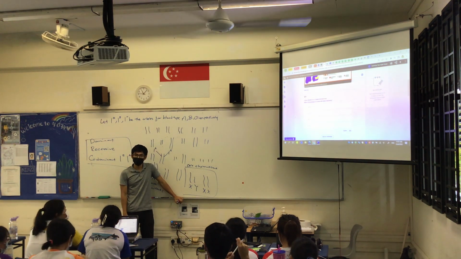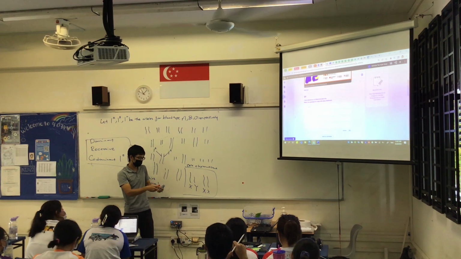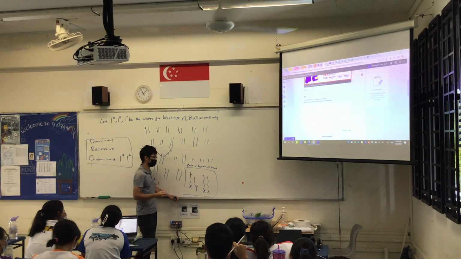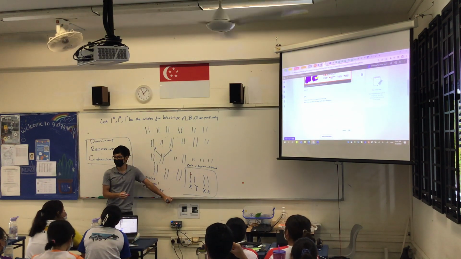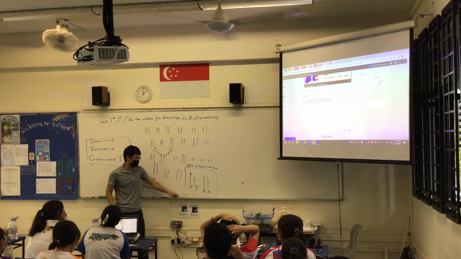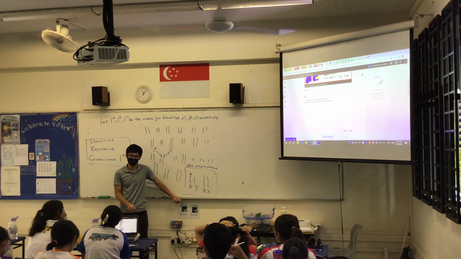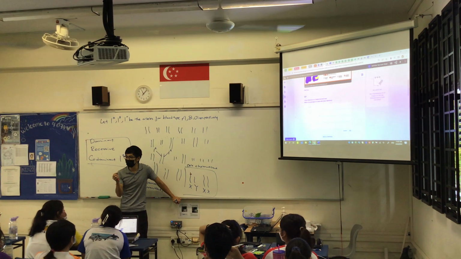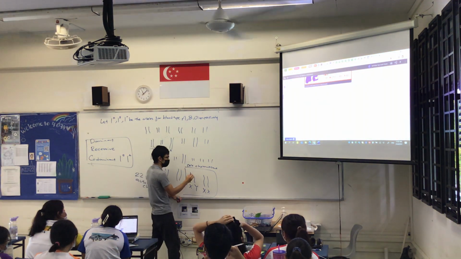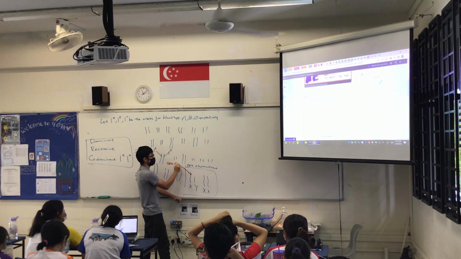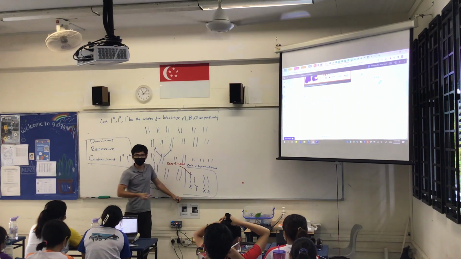It can be found on the X chromosome, not the Y chromosome. When certain genes are found on a sex chromosome, we say that this gene is sex linked, because it's linked to a sex.